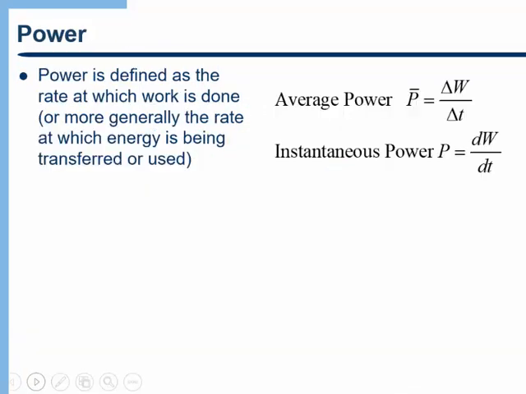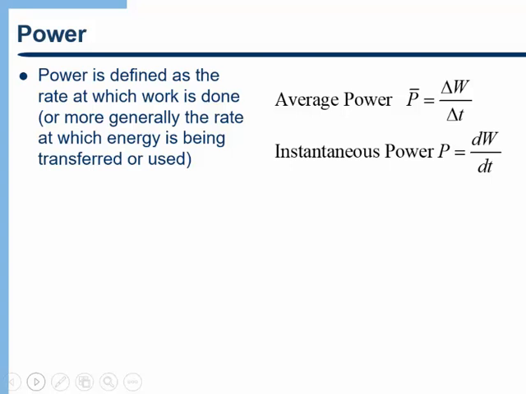Let's look at one last quick thing in this video, which is power. In everyday speech, we often interchange the words power and energy, but they definitely have very different meanings. Power is the rate at which we do work, or more generally, the rate at which energy is being transferred or used.